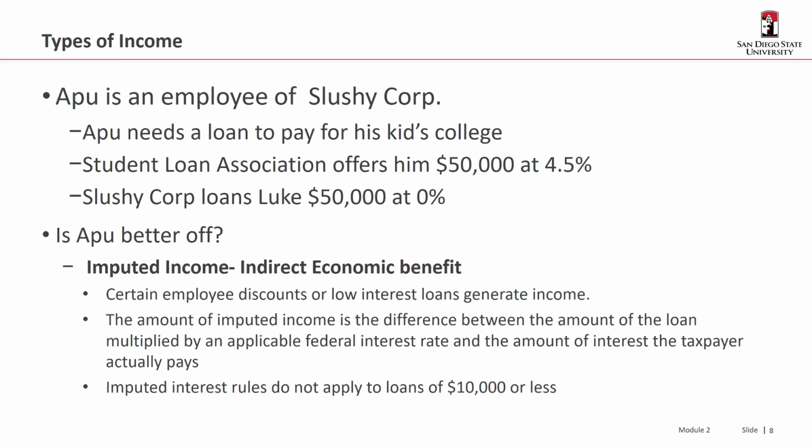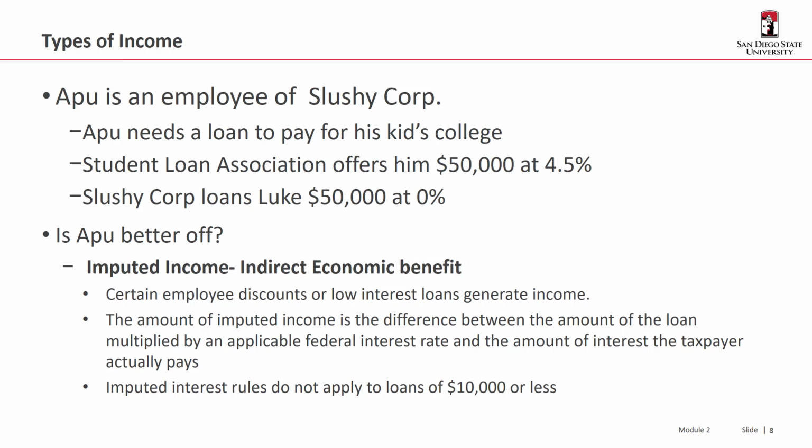This creates an item known as imputed income. So when a taxpayer receives an indirect economic benefit, in a lot of instances, that creates taxable income. One of them is employee discounts or low interest loans. These generate imputed income. So the amount of imputed income for something like a loan is the difference between the amount of loan multiplied by the applicable federal interest rate and the amount of interest the taxpayer actually has to pay.